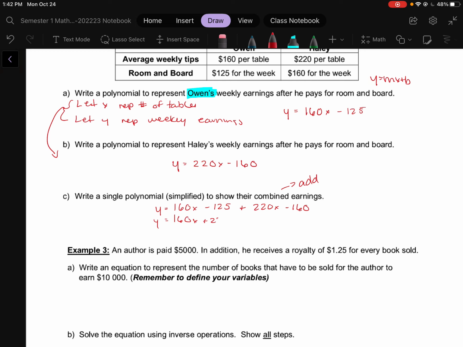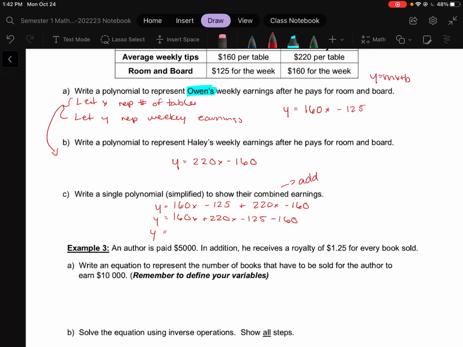So 160x plus 220x minus 125 minus 160. And we're going to add or subtract them together. 160 plus 220 is 380x. Negative 125 minus 160 is going to give us negative 285. So this is our formula for the both of them together.